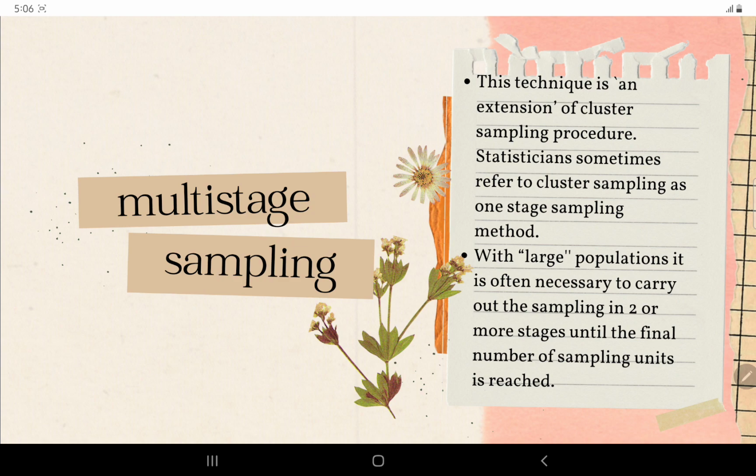Okay, so since Malaysia consists of 14 states with many district, ada 14 negeri, and then dalam negeri pun ada banyak daerah. Okay, dan setiap daerah tu ada kampung-kampung lagi. So, kita boleh apply multi-stage sampling.